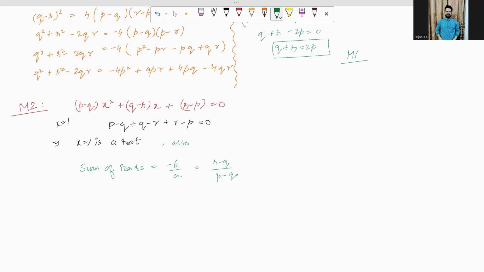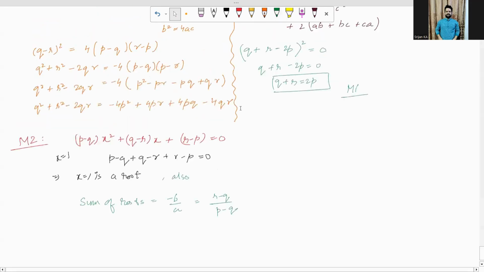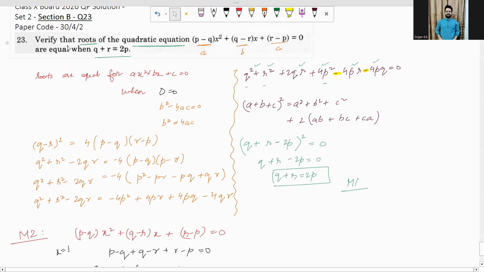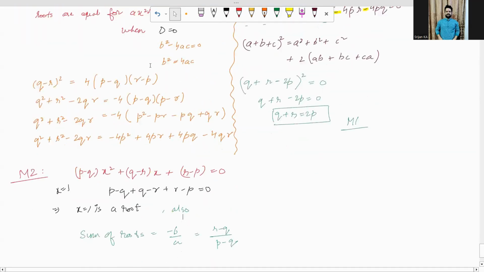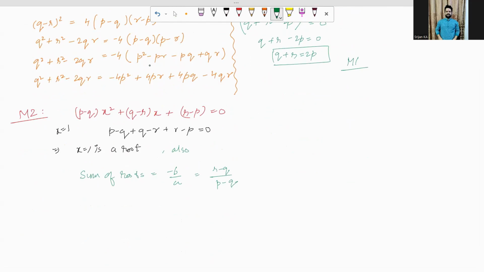Also, it has equal roots. If you just check the question once, verify that the roots are equal when this is the condition. So you know that it has equal roots. Also, D equals 0 implies roots are equal. Now, with this information, x = 1 is the other root also. So the sum of roots is actually 1 + 1, which is 2.